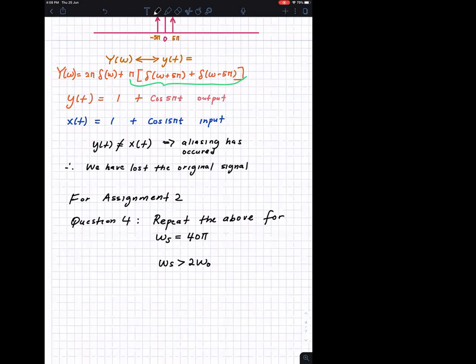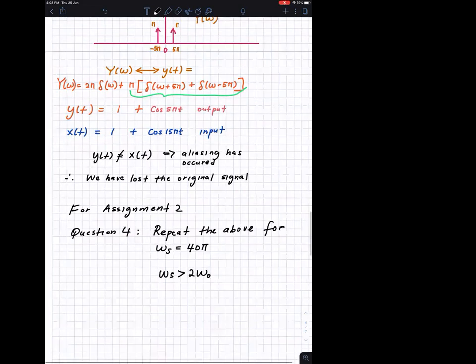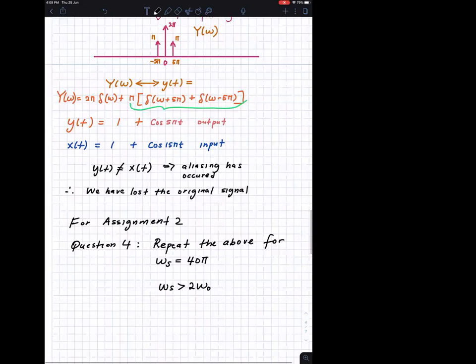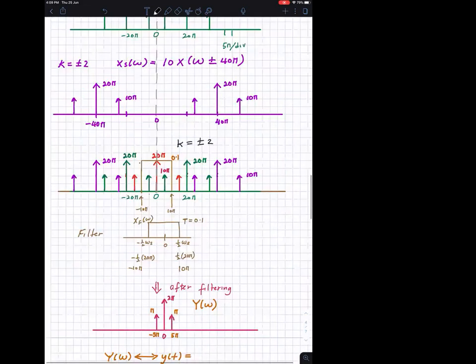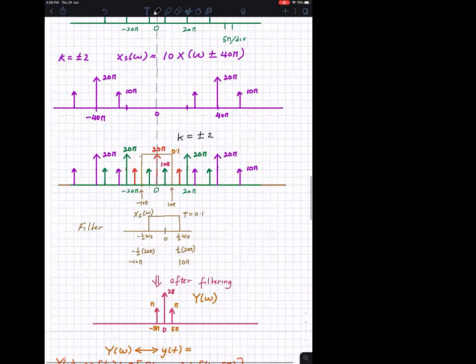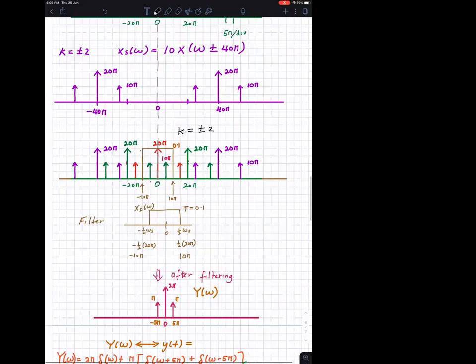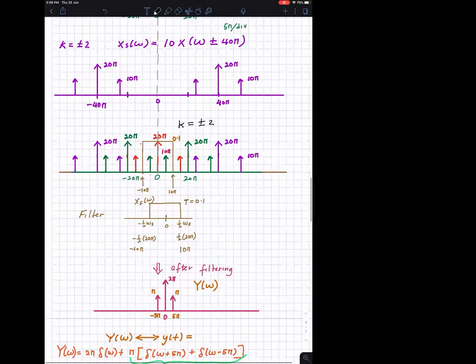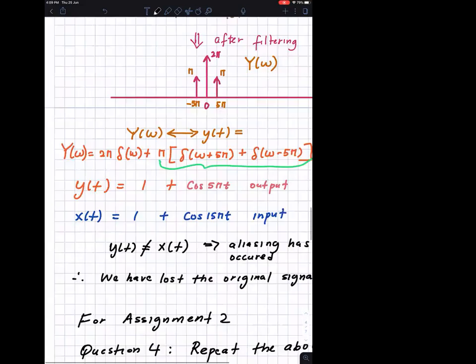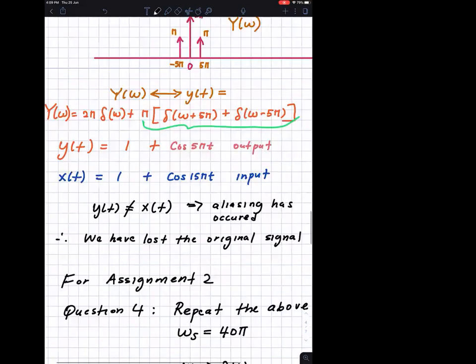Okay, so now you go ahead and go through the same process, and then you come to a conclusion. You must verify whether the input and output is the same. If the input is same as the output, then there's no aliasing, and therefore we would have recovered the original signal. Understand, guys?